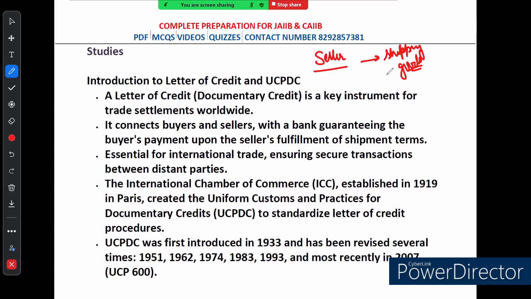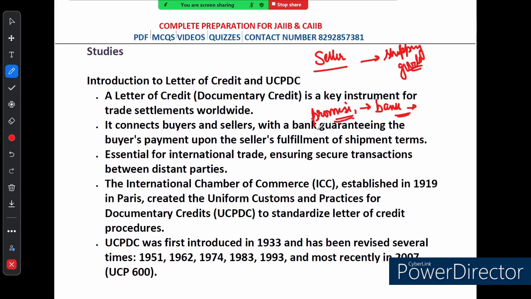So a letter of credit is a promise, often issued by a bank. This promise is given by a bank that guarantees the buyer's payment to the seller provided certain conditions are met, like the goods being shipped as agreed.